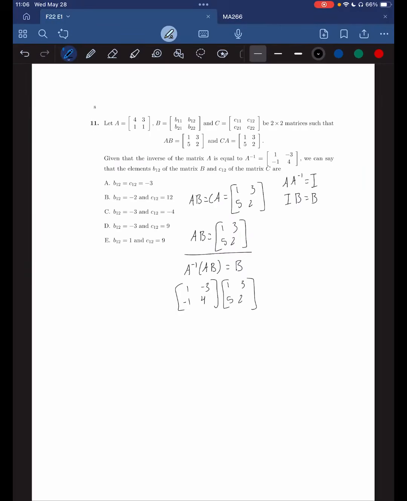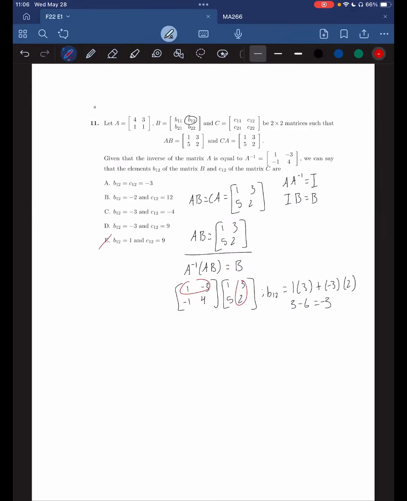Now, we want to find B12, which is in the first row, second column. B12 is equal to 1 times 3 plus negative 3 times 2. 3 minus 6 is equal to negative 3. So B12 is negative 3.